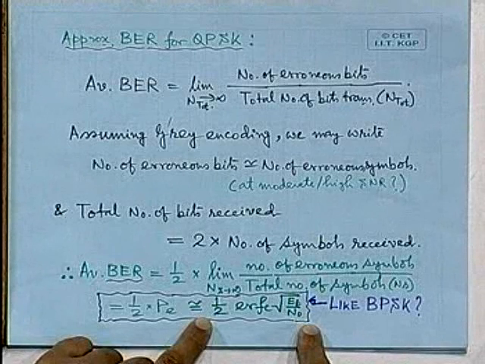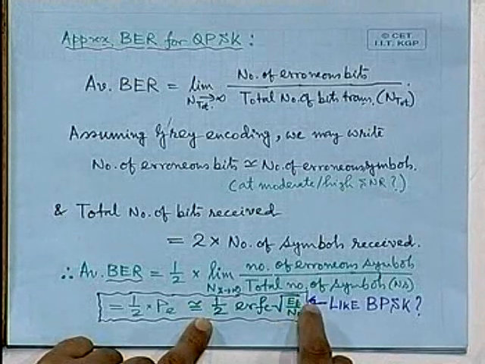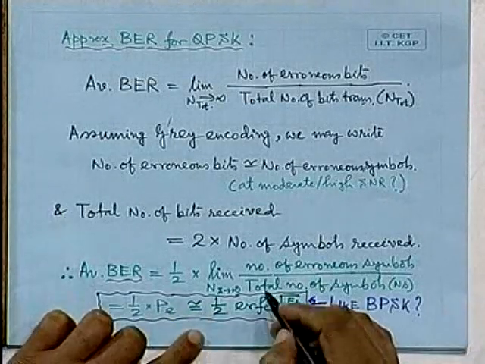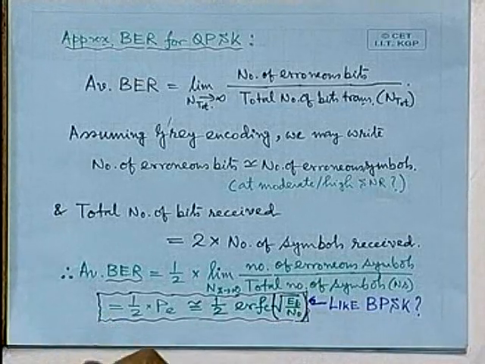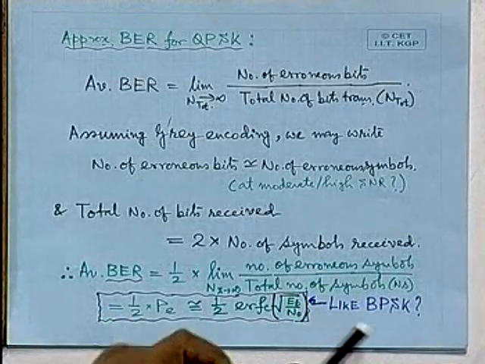See, this expression is same as that of BPSK. So now what matters is this argument E_b/N_0. Let me put a bracket here. I had missed this bracket. So my point is that for the same E_b/N_0 ratio, E_b in BPSK is the energy received per information bit, and E_b in QPSK here is the same, the energy received per information bit.